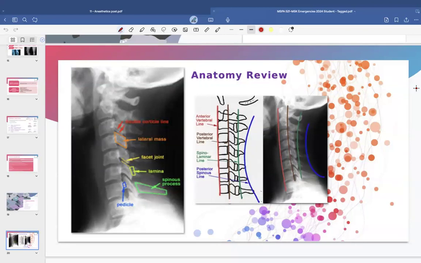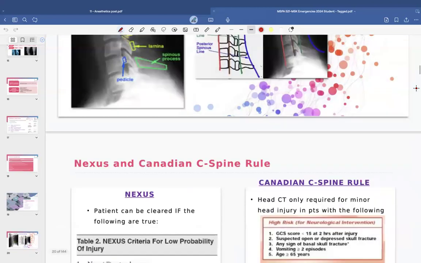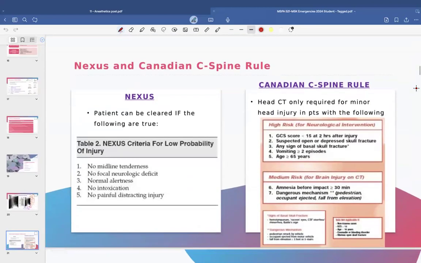All right, you may be asked to clear a cervical spine, depending on where you're working. If somebody comes in a cervical collar from EMS, you might be asked to use the NEXUS criteria to see if you can clear them from wearing a hard cervical brace. You want to make sure they don't have an injury.